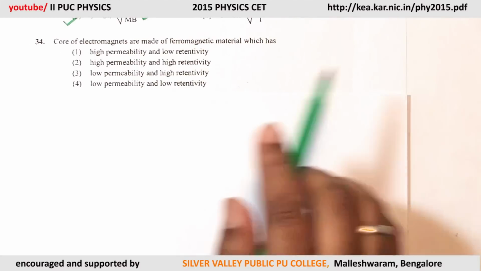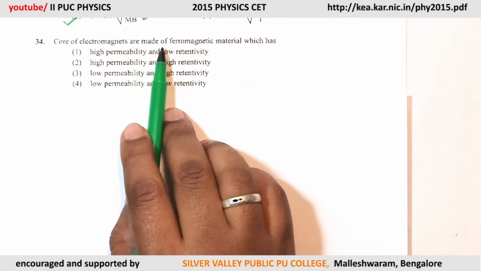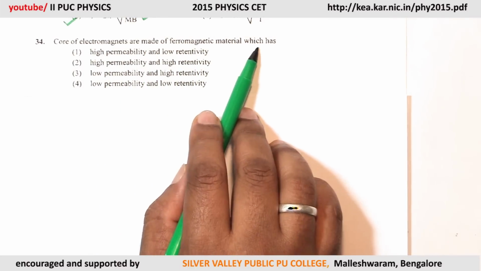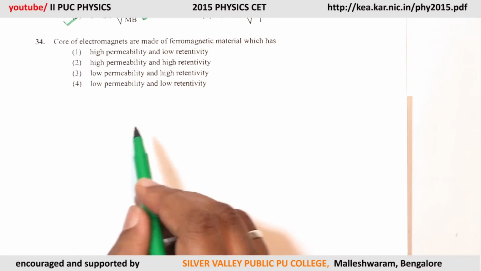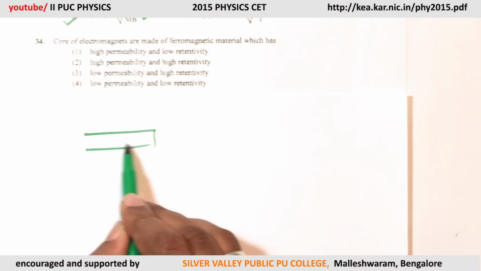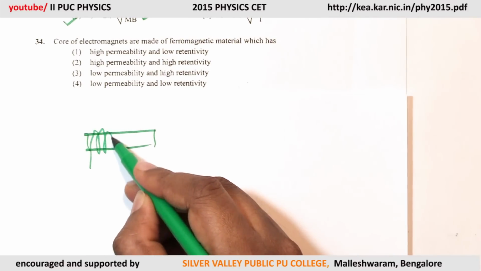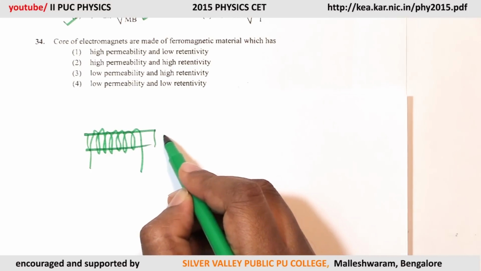Standard question. The core of an electromagnet is made of ferromagnetic material which has high permeability. The core of an electromagnet should allow maximum lines to pass through. Okay, this is the core.